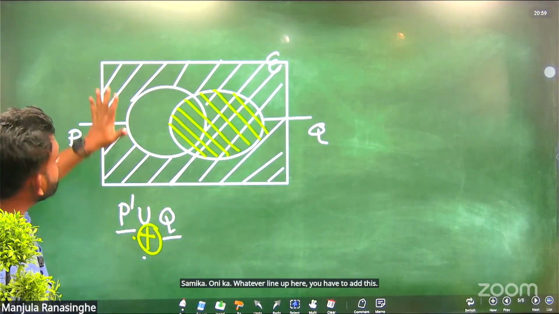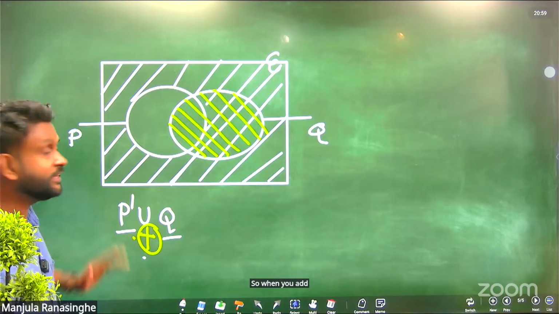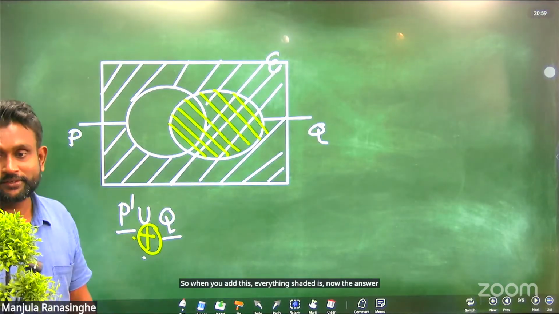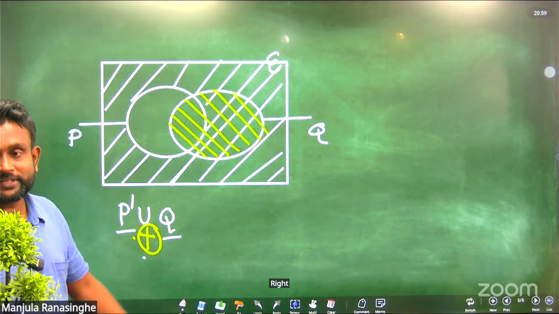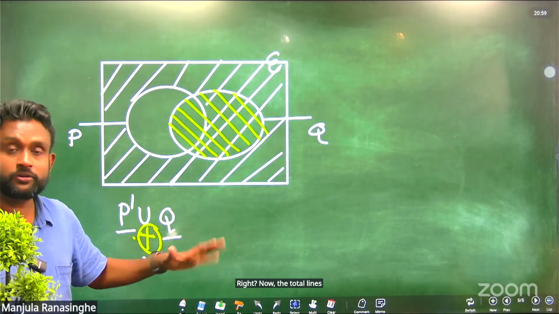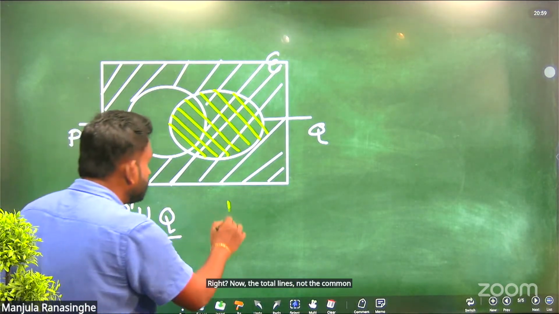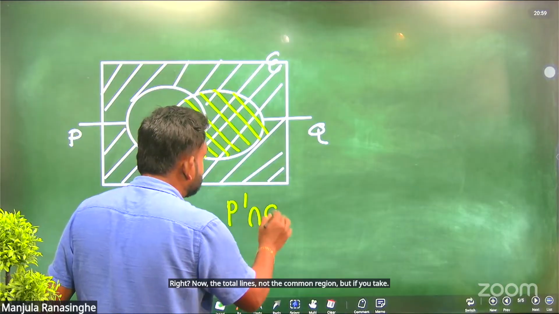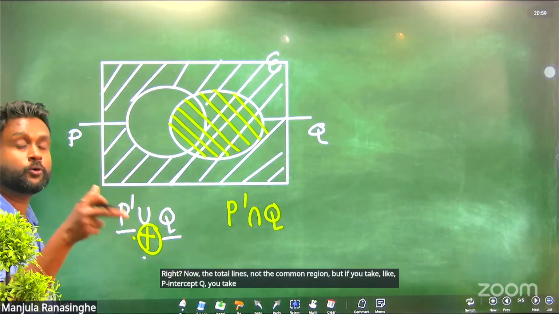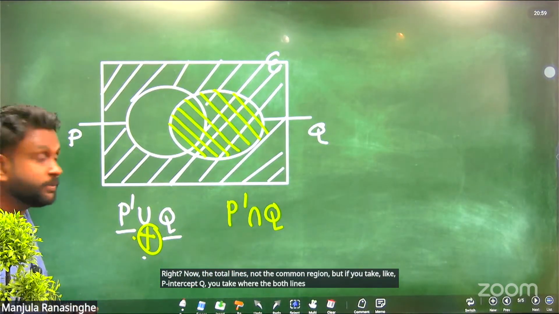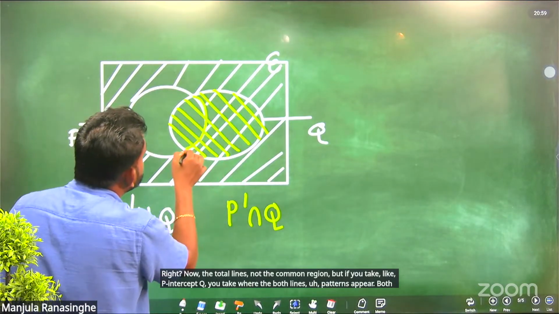So when you add these, everything shaded is the answer, the total lines, not the common region. But if you take P dash intersect Q, you take where both line patterns appear, which is here only.